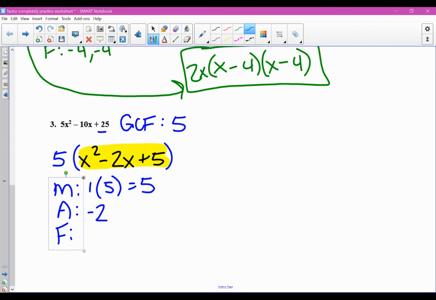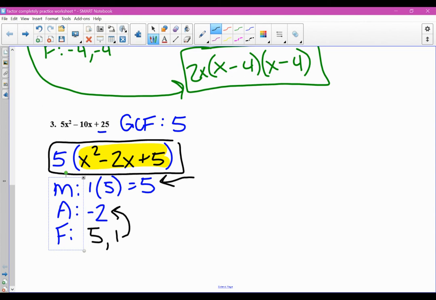Now, the issue with this problem is that the only way I can multiply to 5 is if I use 5 and 1. 5 and 1, even if I had negatives, are never going to get us to that negative 2 that we need. So what this means is that our original problem can only be factored that one time, only by taking that 5 out, the GCF. I cannot factor x squared minus 2x plus 5 any more than it already is given to us. So that is our final answer.